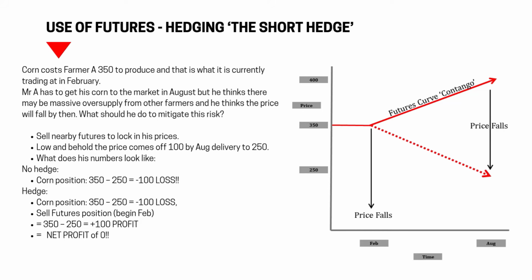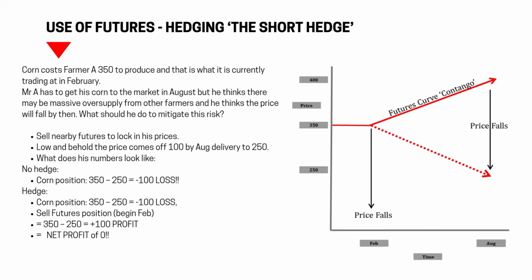The price comes off 100 by August delivery to 250. Now if he didn't hedge his risk, his actual corn would have lost him 100. That's 350 minus 250, the current price. But if at the initial outset he put on that short futures position, he sold at 350, and then in that collapse in the price down to 250, he would have made 100, and the 100 loss from the corn position and the 100 profit from the futures position net out to 0.